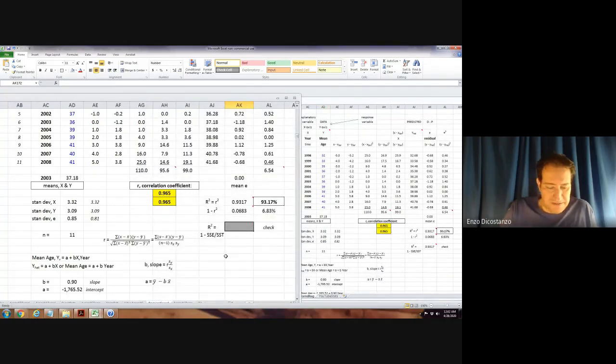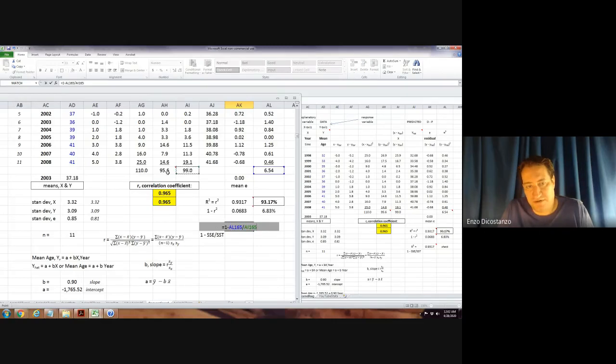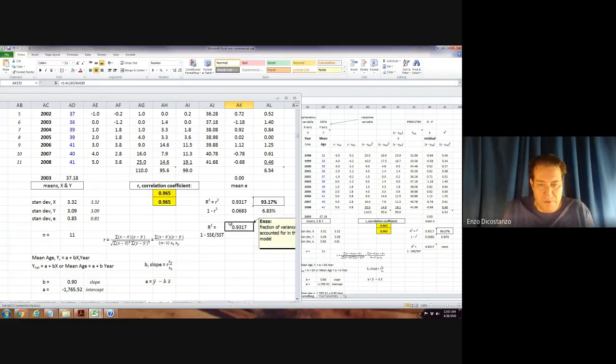And this is equal to 1 minus SSE, the sum of the squared errors, divided by the sum total of the squares. It's the same thing, 93.17%. So that means 93% of the variation is explained in the model, and only about 7% is in the residuals, which is pretty good.